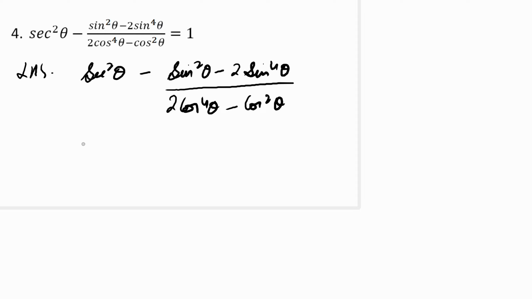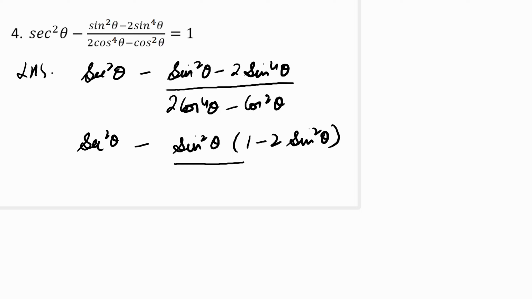Now what will I do? Sec square theta, I will take sin square theta common from above. Sin square theta, it will become 1 minus 2 sin square theta, and from the denominator I will take cos square theta, it will become 2 cos square theta minus 1.